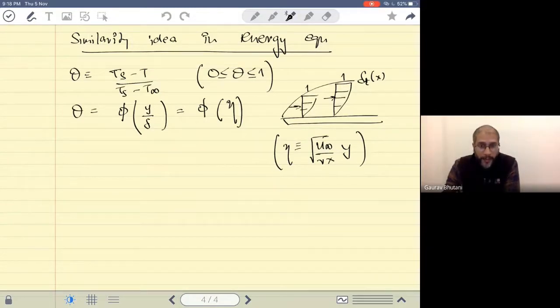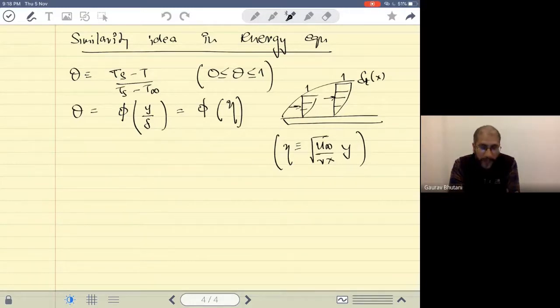So again, similar ideas, and remember that towards the end of the previous lecture, we mentioned that we are decoupling the momentum and the energy equations. So that means we can solve for the momentum equation first in this boundary layer region, and that is exactly what we have done in this lecture. We have found out the values of u and v in terms of f and f primes and so on.